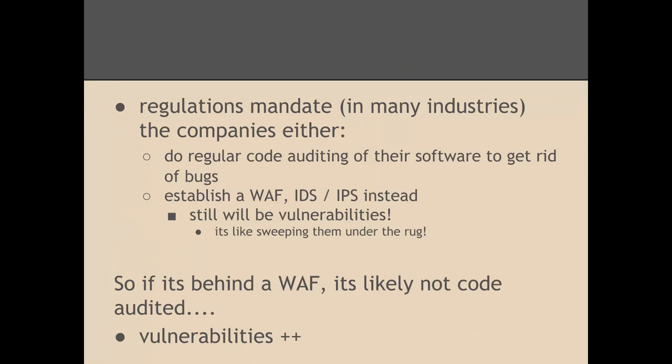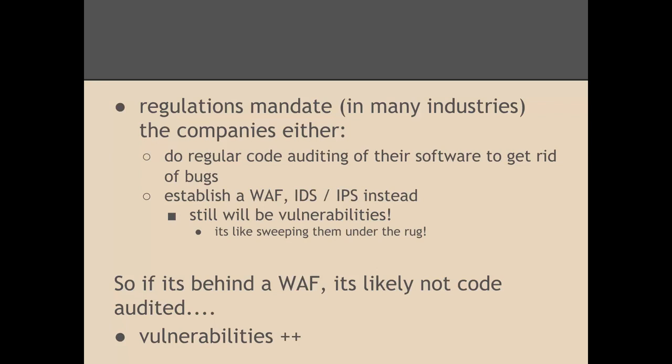Yes, this slide is out of order, but regulations in many industries mandate that your company do one of the two. Either you do regular code audits of your software and all the code that you write to get rid of bugs.